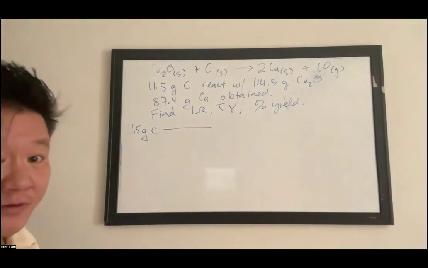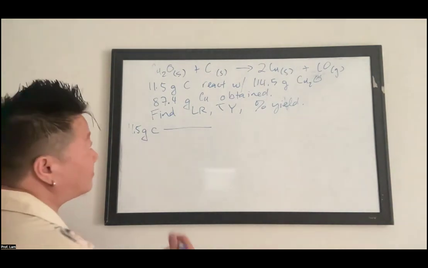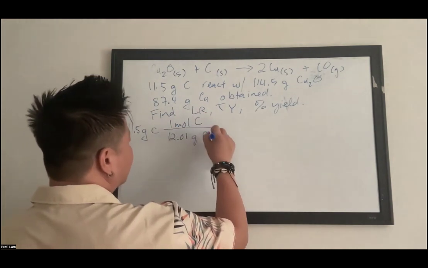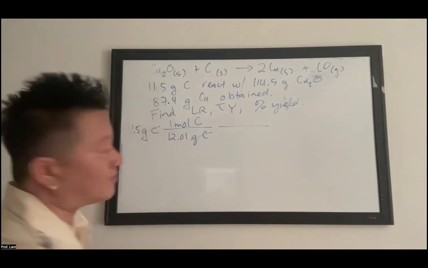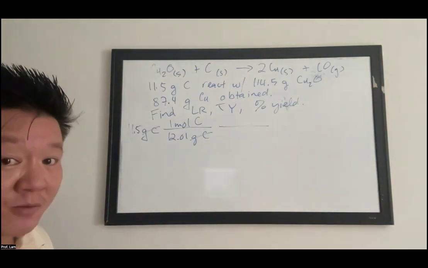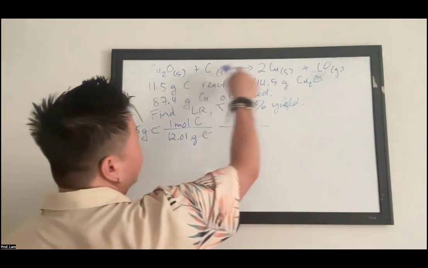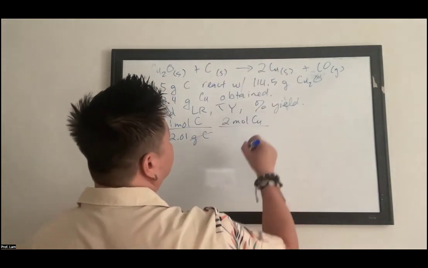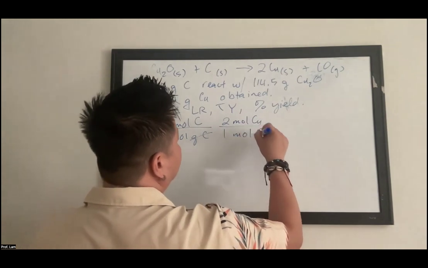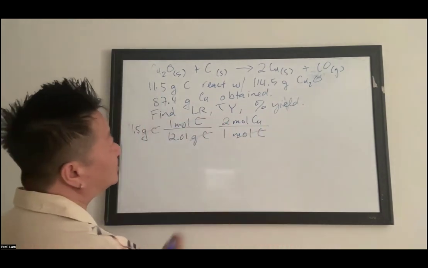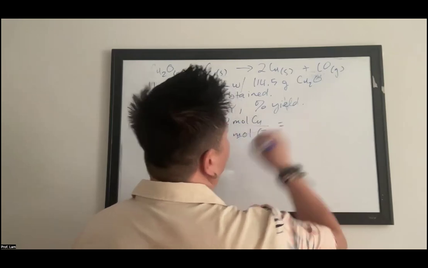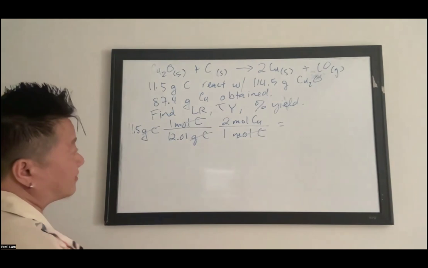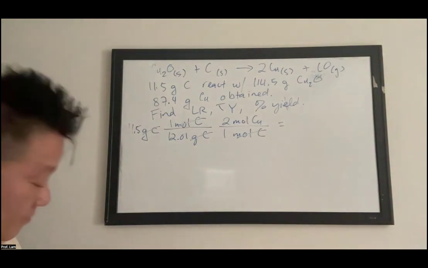We need to go to moles of C. It's a roadmap. So 1 mole of C over 12.01 grams of C. And then for mole A, we need to get to mole B, which is a mole-to-mole ratio between carbon and copper. So we need 2 moles of Cu on top and 1 mole of C on bottom. At this point, I would just calculate it in moles first, so let's punch that in.